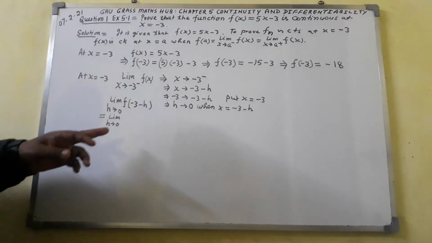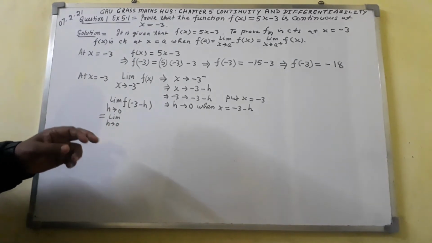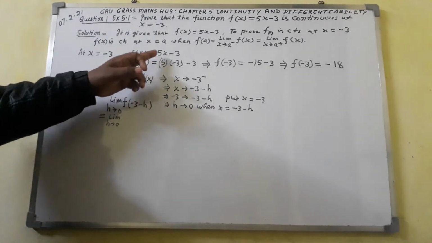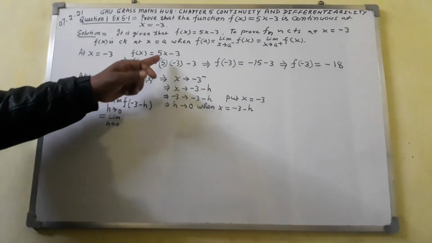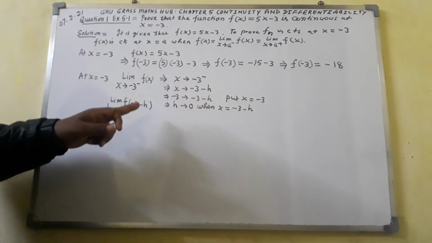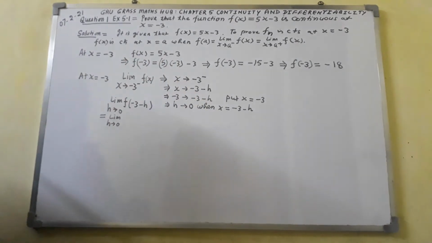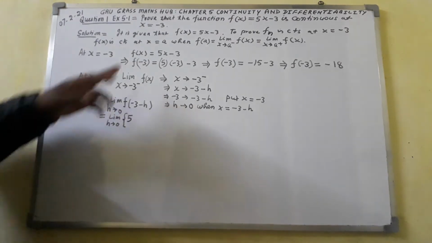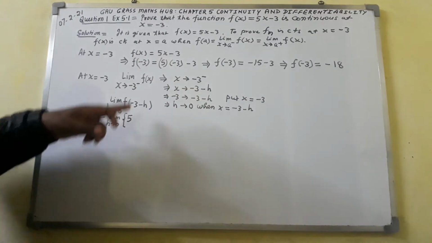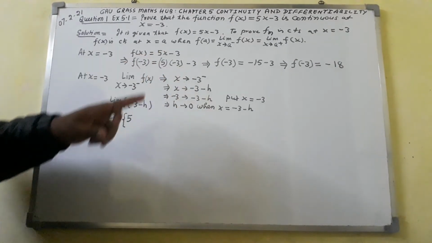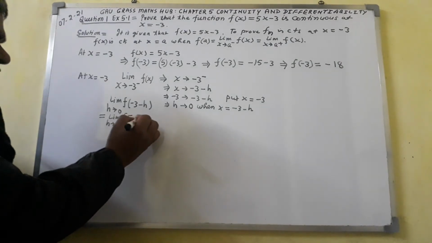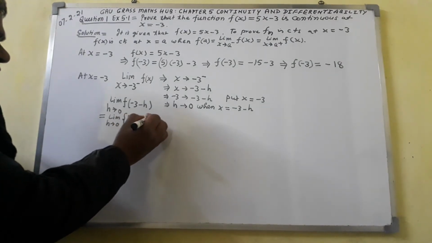and here you can see this function, 5x minus 3. So in place of x here I shall write minus 3 minus h. So here it will become, open curly bracket, write 5. This 5 will be reflected here. In place of x, minus 3 minus h will be written, minus 3.